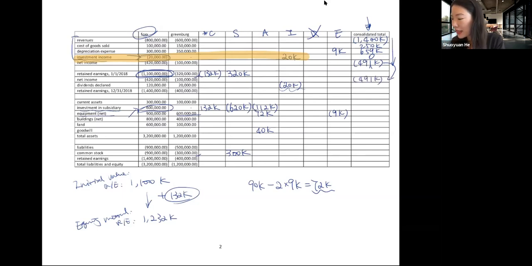And then the beginning retained earning, if you add everything up, is 1.232 million.